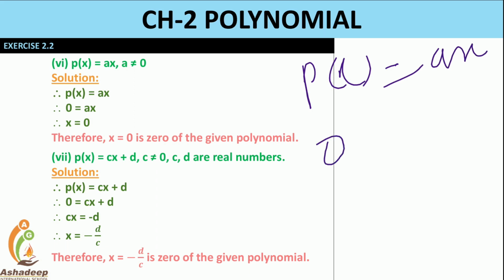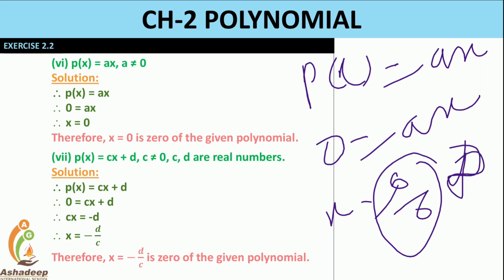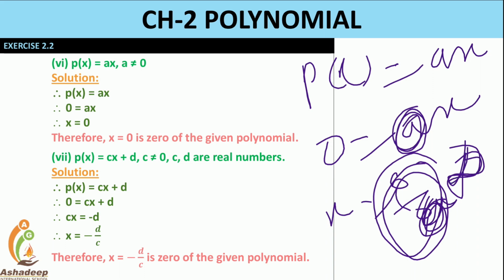So here p of x is equal to ax. So you have to write 0 is equal to ax. So x is equal to 0 upon 0. One more thing, 0 upon 0 is going to be an infinite term. Therefore you also write a is not equal to 0. If a is 0, then this term is going to be infinite.